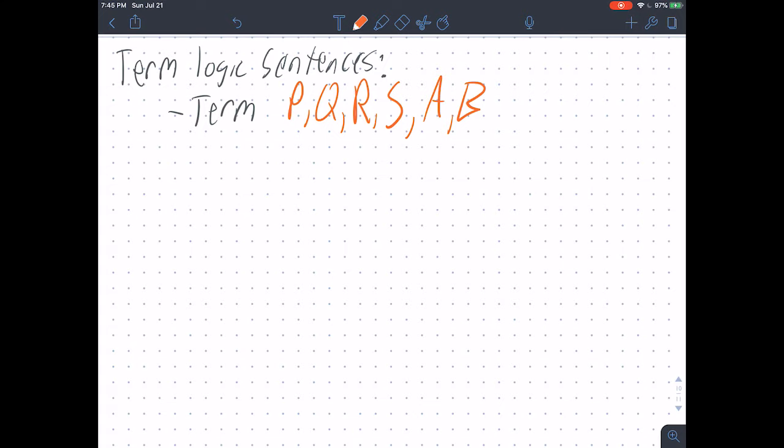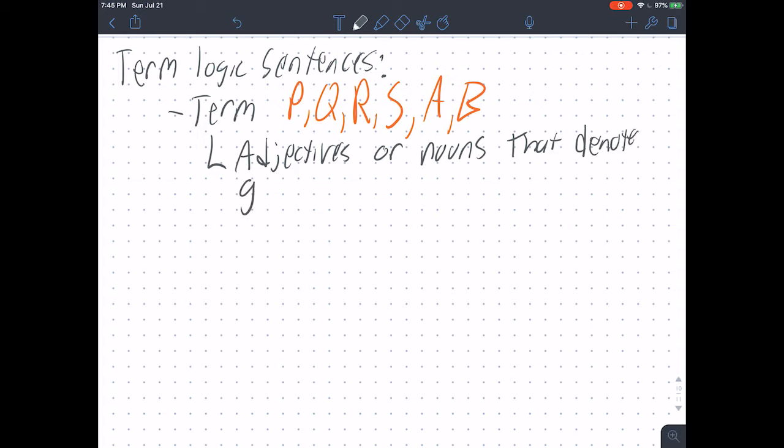What terms are, in English, are adjectives or nouns that denote groups or categories or sets of things.